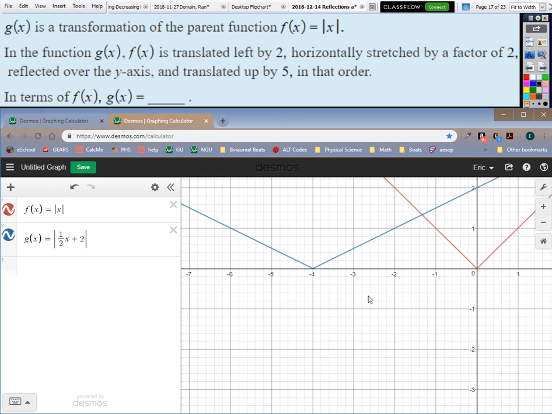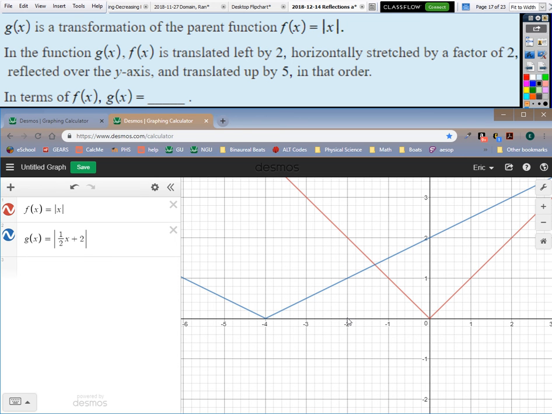It is translated by 2, but that point that was at -2, when the space gets stretched away from the y-axis by a factor of 2, gets stretched out to -4. When the whole thing got stretched, it got moved from there to there, right?